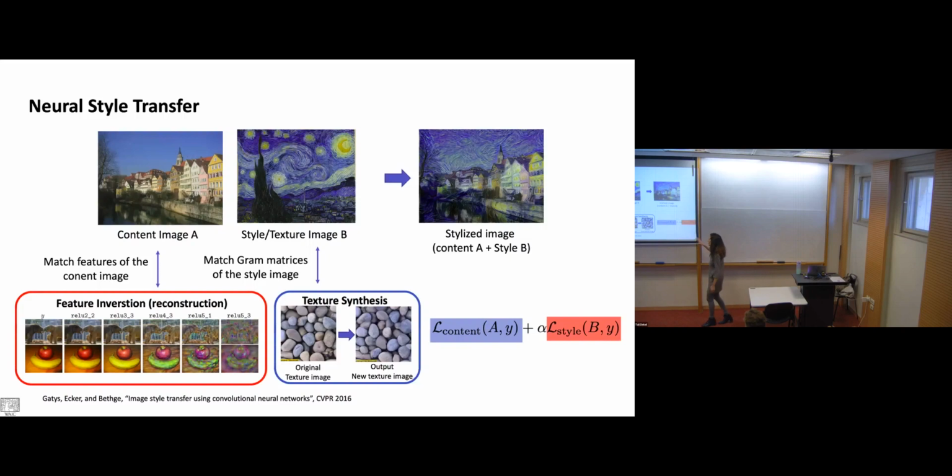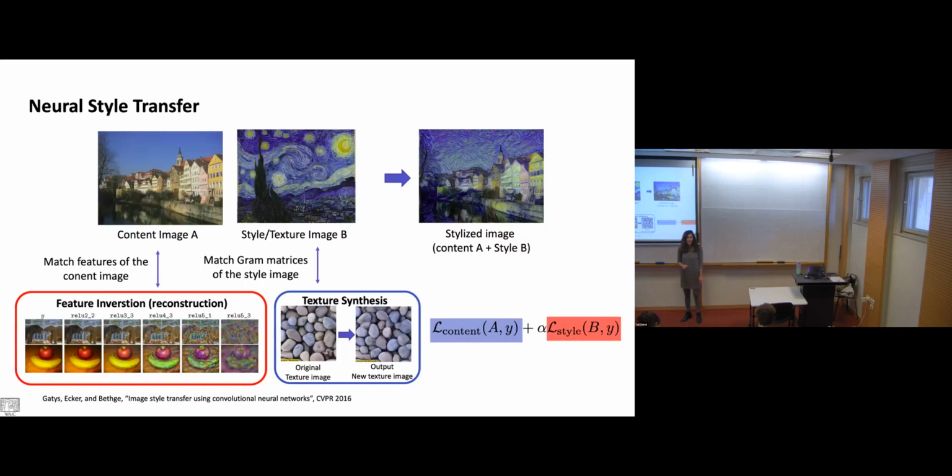Let me recap. We have a content image A and a style image B. We want to preserve the texture of image B. So we're going to have a style loss using the Gram matrices that I just described with respect to image B. And we have an additional loss that will preserve the layout of the content image A.